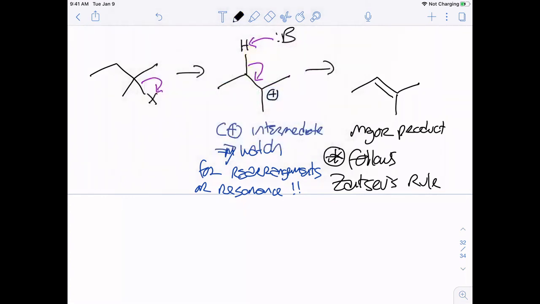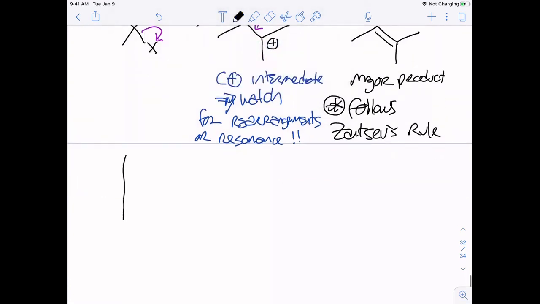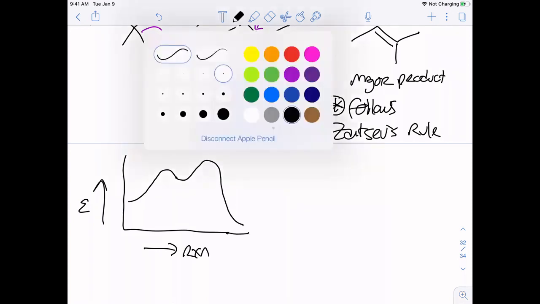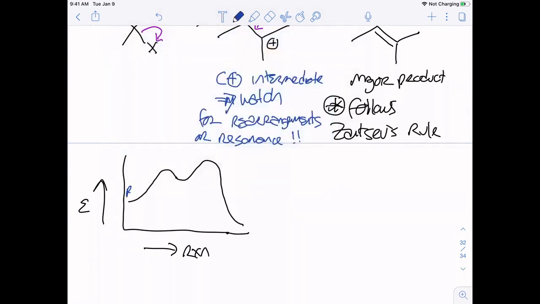Energy diagram for this is going to look very similar to an SN1. We go up, we dip down to that intermediate, we go back up, and then down to our products. So reactants, my first transition state, my carbocation intermediate, my second transition state, and then my products.